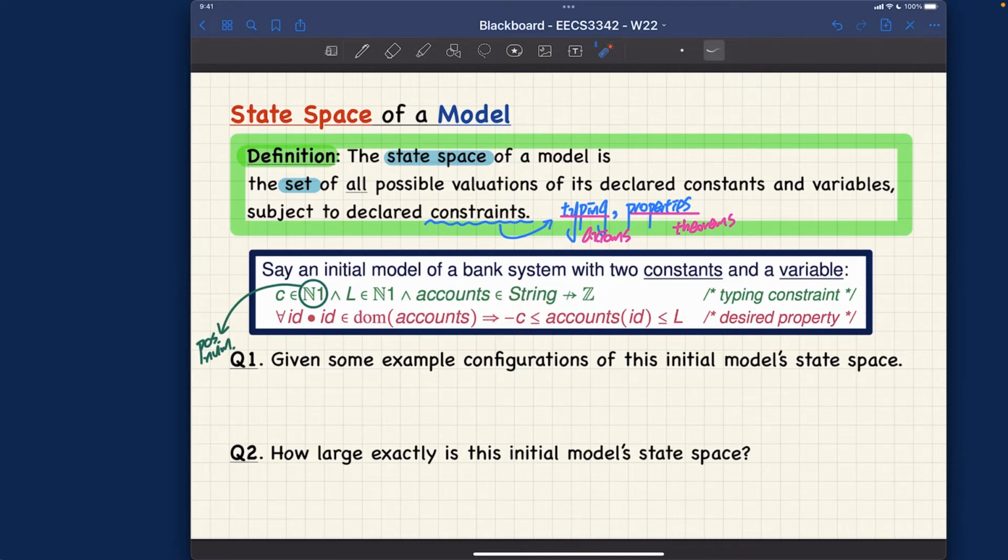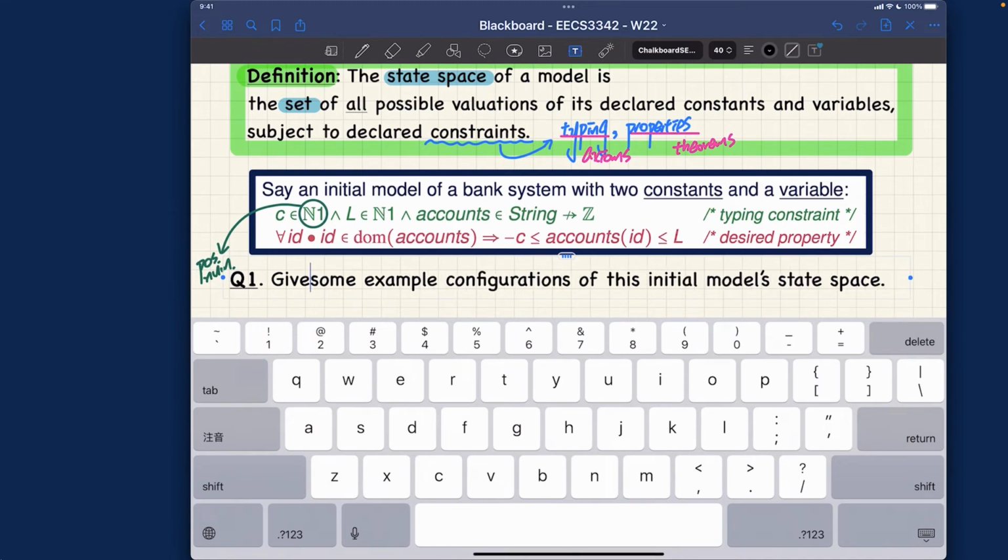All right, so we got typing constraints, we got the desired property, right? So now here we got two questions to really work through. Number one, you can definitely do this by pausing the video and thinking about it.